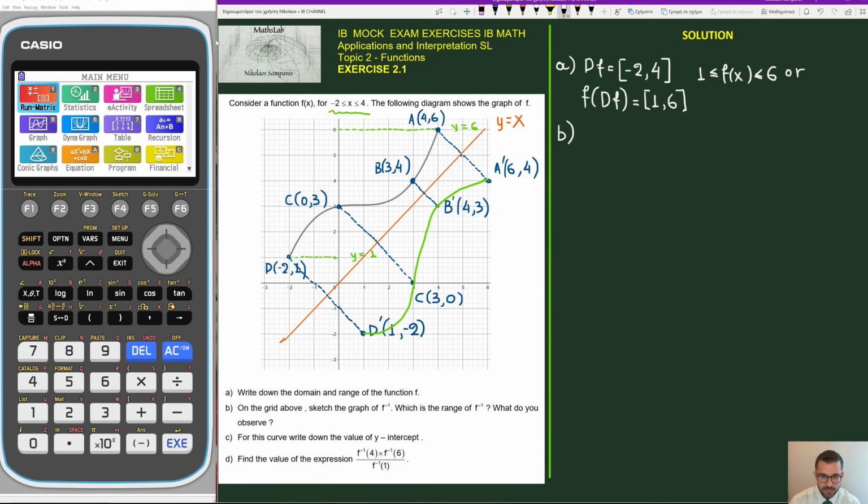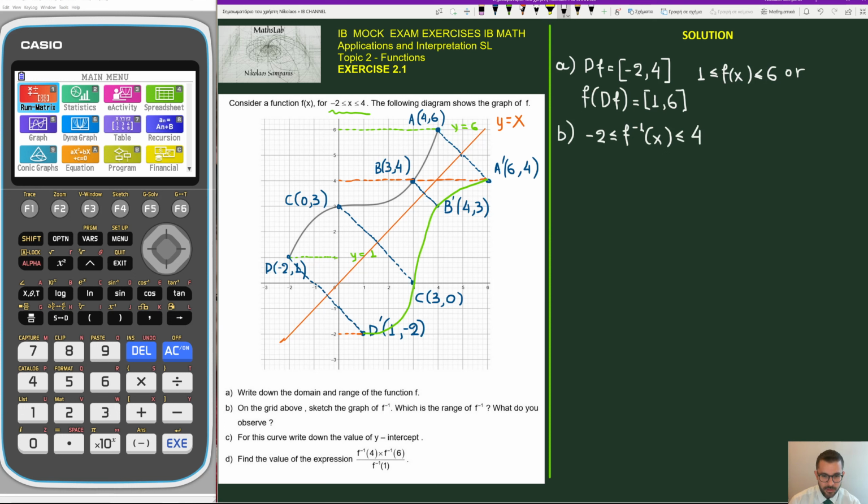The range of the inverse function of f is, as you see here by sketching these horizontal lines, the closed interval [-2, 4].